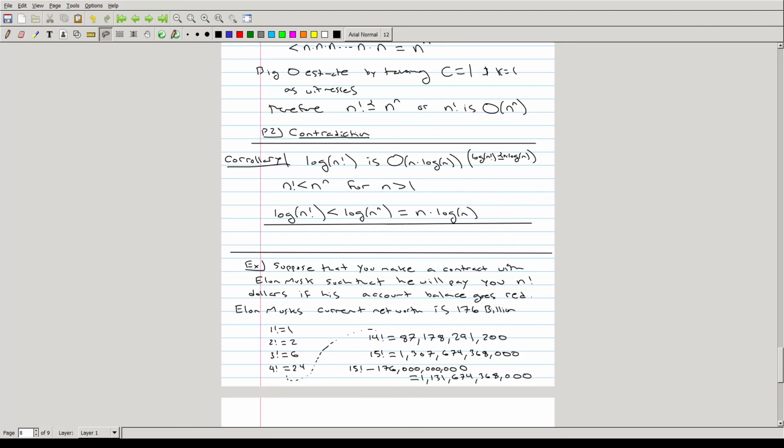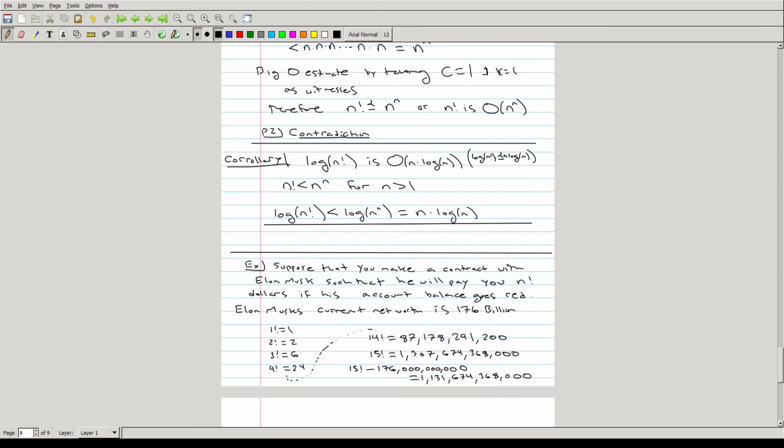So moving back a little bit to the previous example, with this corollary, it's important that you understand that the statement that log of n factorial is bounded above or dominated by n log n is not the same thing as the strict domination that we have for the previous example.